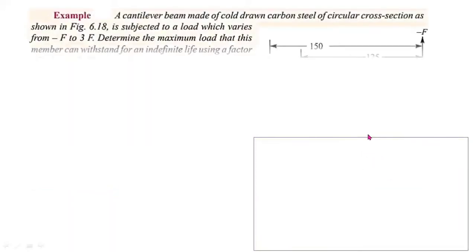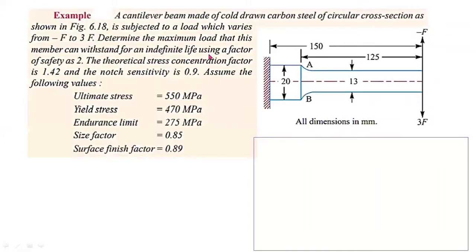Now coming to another problem. A cantilever beam made of cold drawn carbon steel of circular cross section, as shown in the figure, is subjected to a load which varies from -F to 3F. Determine the maximum load that this member can withstand for an indefinite life using a factor of safety of 2.